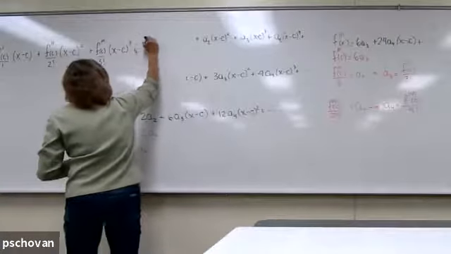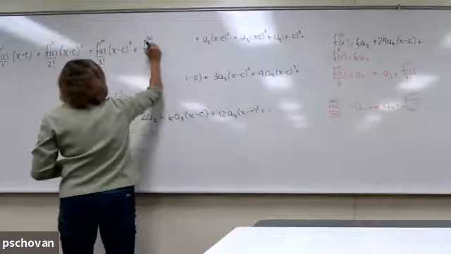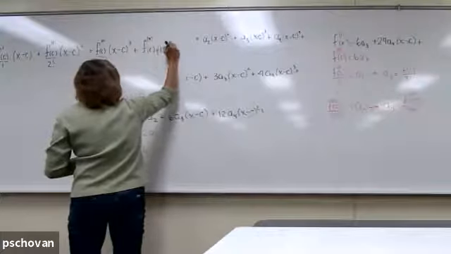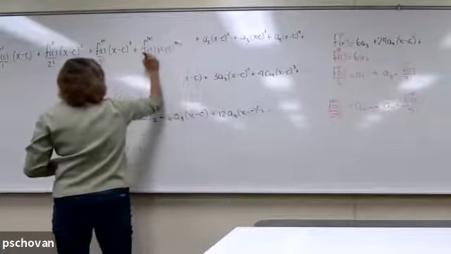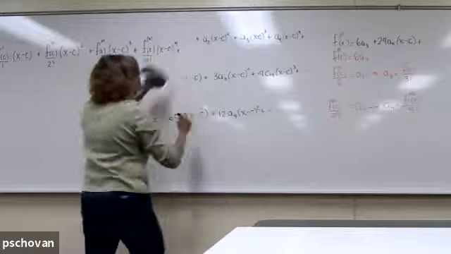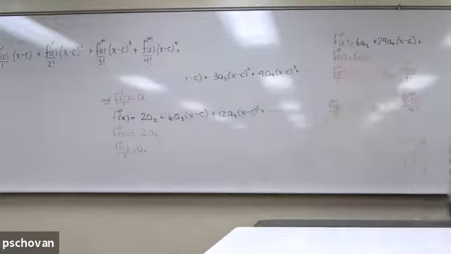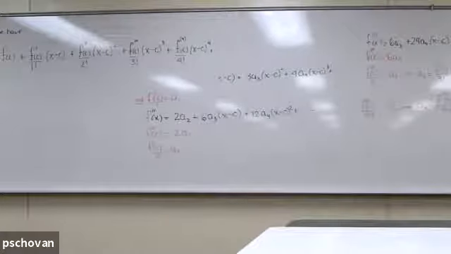Let's put one more here. The fourth derivative of f at c times x minus c to the fourth over 4 factorial. And that's how we build the infinite polynomial that converges to f on an interval containing x is equal to c.